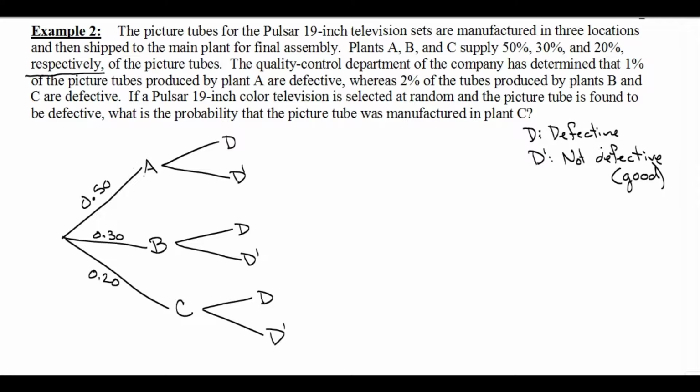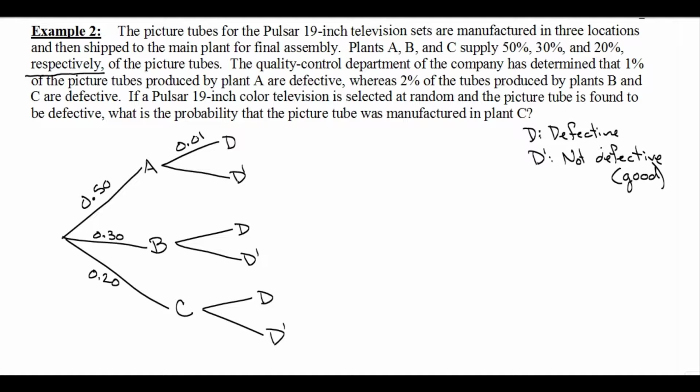So that's how we get our probabilities for A, B, and C. Now, what's the probability that a given TV from A is defective? Well, 1% of the picture tubes produced by A are defective, so that'll be 0.01.